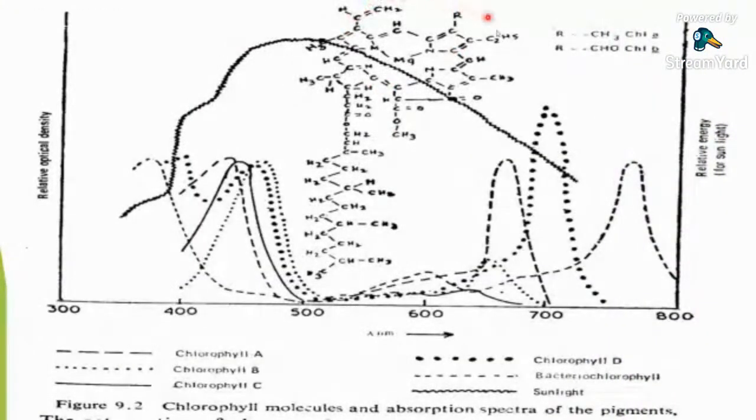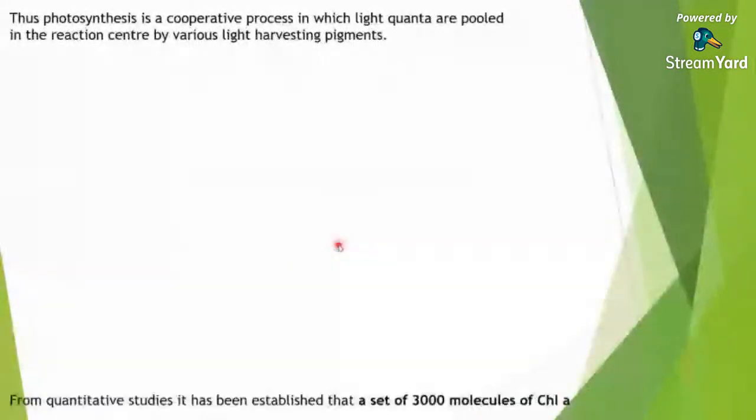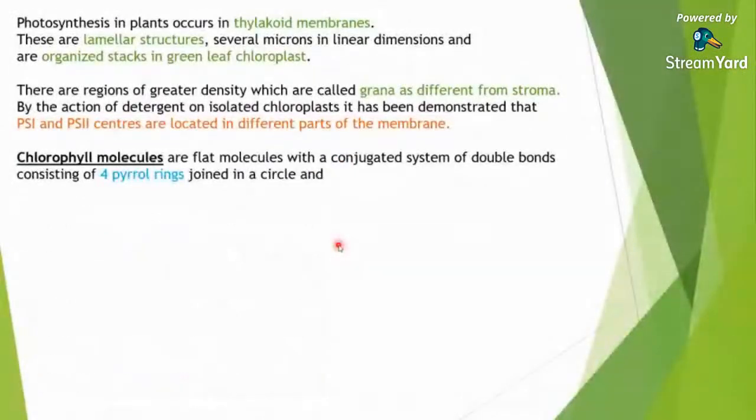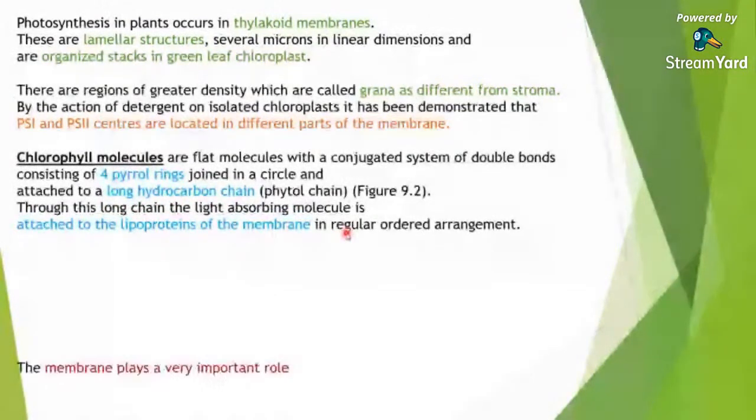This was the structure of the chlorophyll molecule, where the 4 pyrrole rings are joined to one another in a circular way, and they are joined to a long carbon chain. Through that long carbon chain, they are attached to the lipoproteins of the membrane in a regular ordered arrangement.